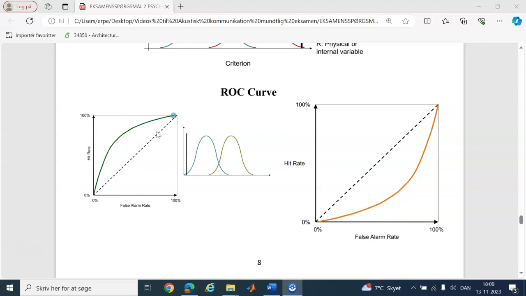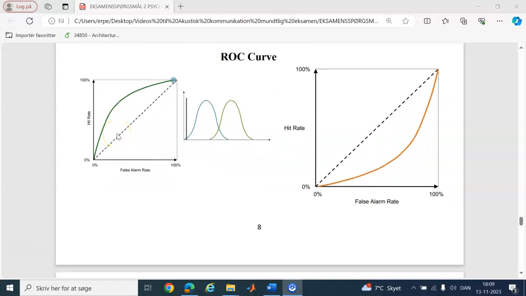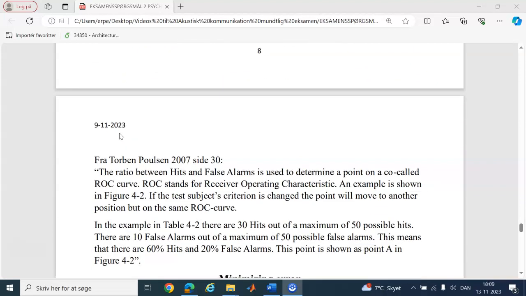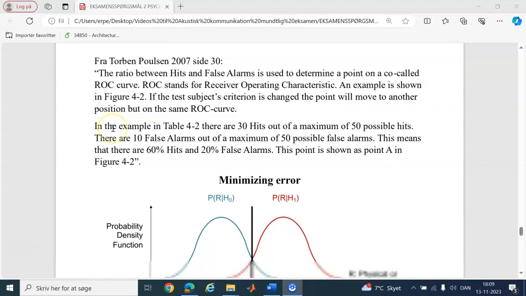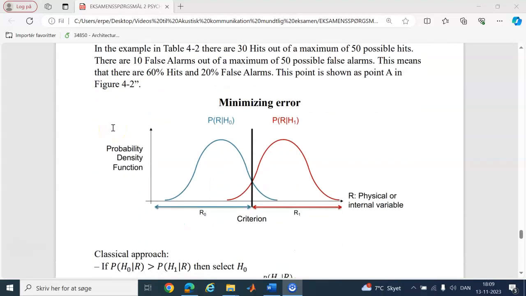The hit rate is mostly bigger than the false alarm rate, or the other, worse situation, where the false alarm rate is bigger than the hit rate. So we get two different curves, and we can change the criterion if we test the subject. As the criterion is changed, the point will move to another position on the same ROC curve. And so on, we can minimize the error.